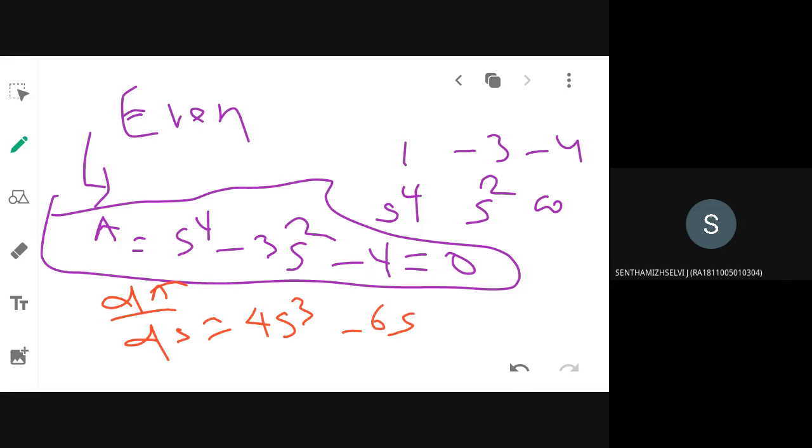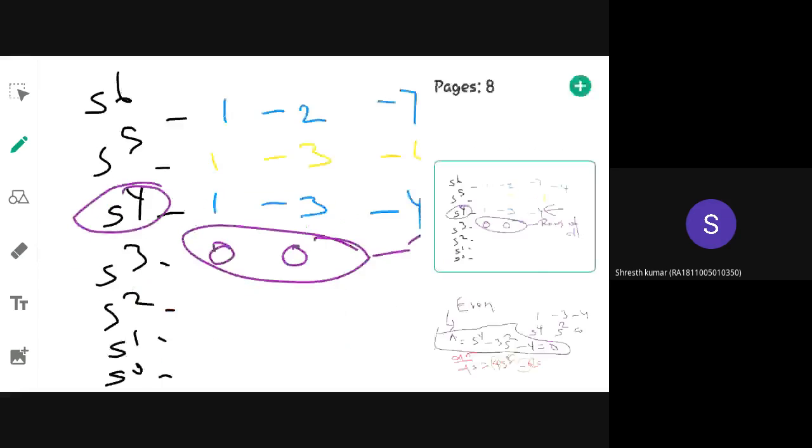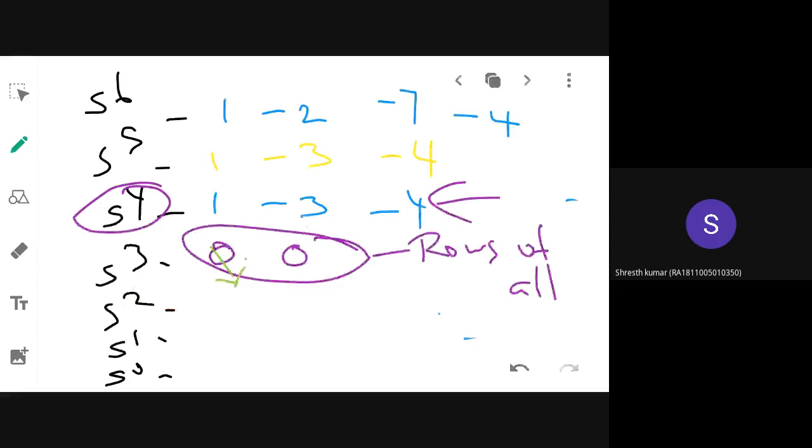How many coefficients are there? 2. 4 and minus 6. What's the order? 3. So you go back. Instead of the 0 row, you need to replace it with 4 and minus 6. Then you continuously form the Routh array and tell me the answer.